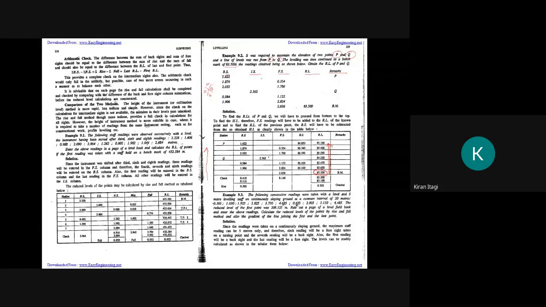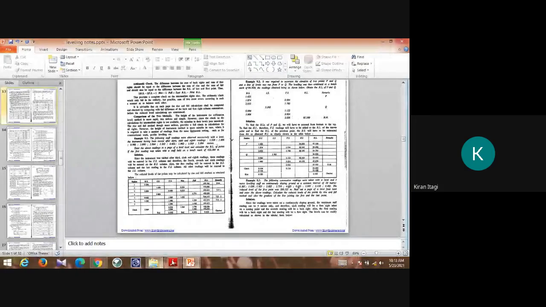If the procedure is the same, we will follow the same procedure. You have to determine the height of the instrument. The same thing is there. Try to solve. If you don't understand, then in the next class I will solve this numerical, but roughly I will explain this one also.